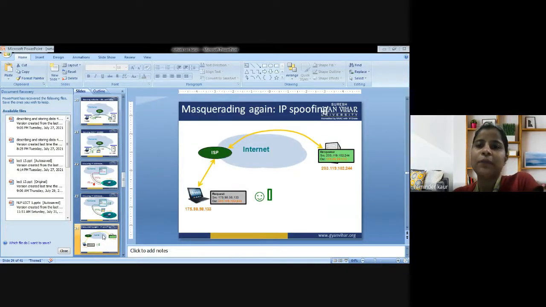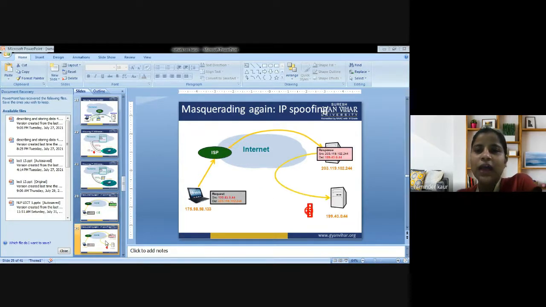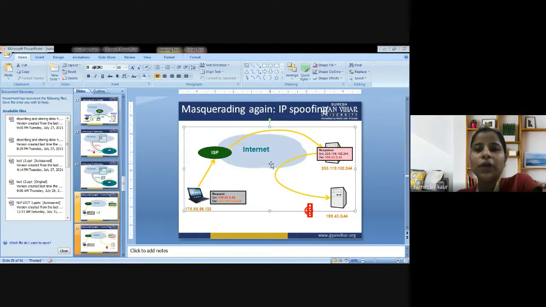Masquerading again, IP spoofing. The ISP, internet service provider, is there and it is the response that is sent by the server. So it is getting hacked. With the help of pictorial representation, I think it is very easy to learn how the attacks happen.